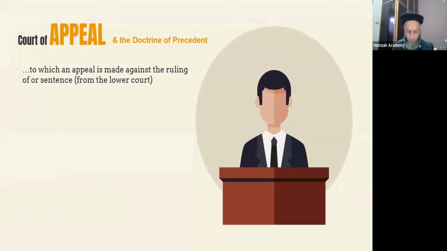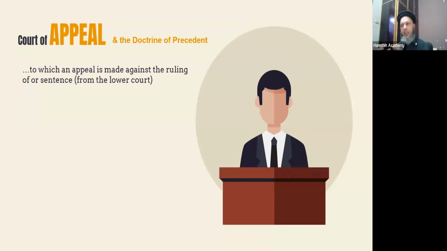Now, the Court of Appeal, or whenever you have to go for an appeal. The concept of appeal is that whenever a decision is taken in a court, if it is a civil case, the decision will be liable or not liable between two parties.